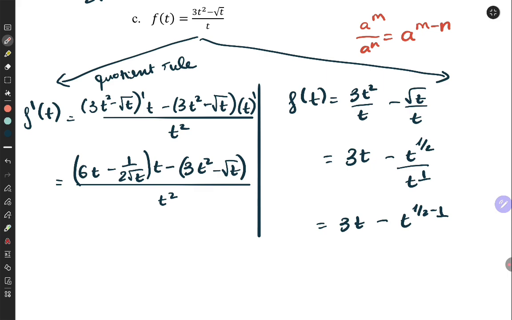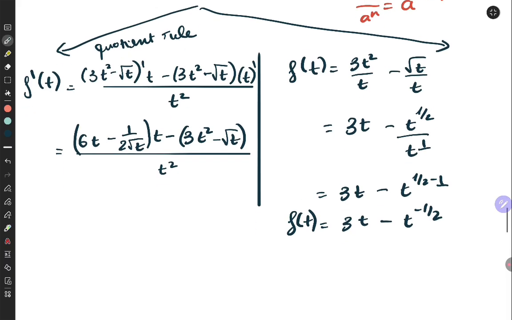So subtract. That's what I did over there. 1/2 minus 1 is a negative half, right? That is just f of t. After simplifying, I have that.